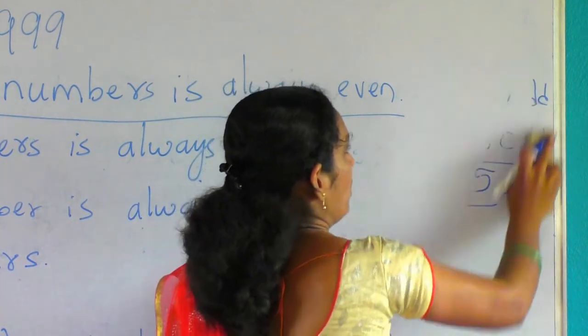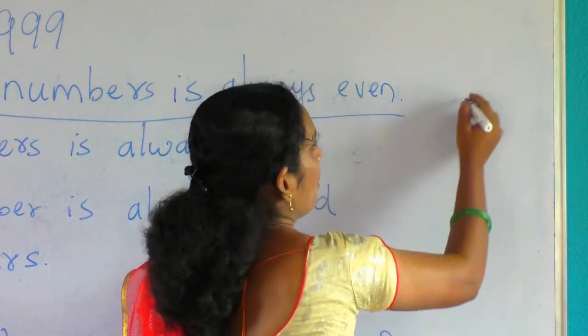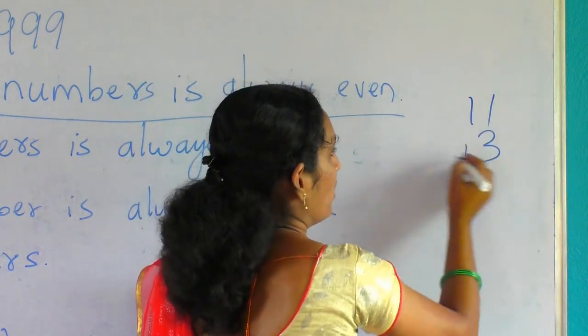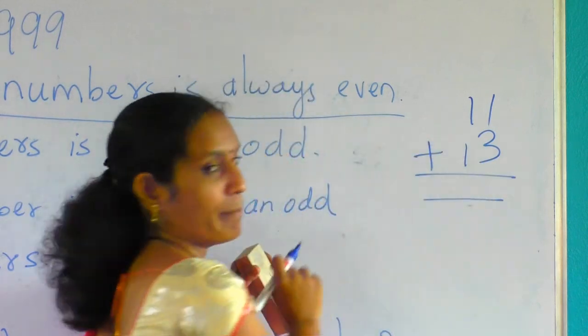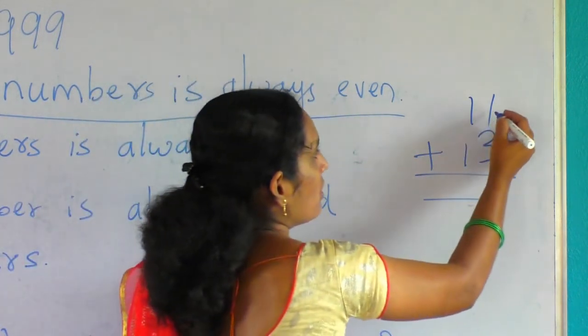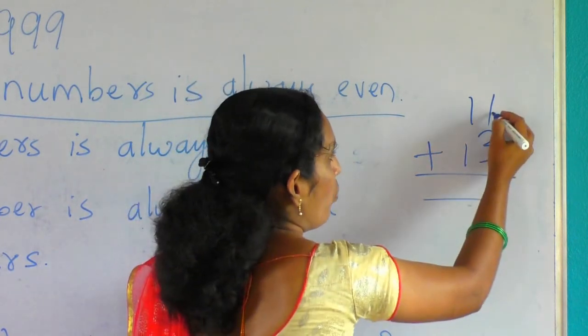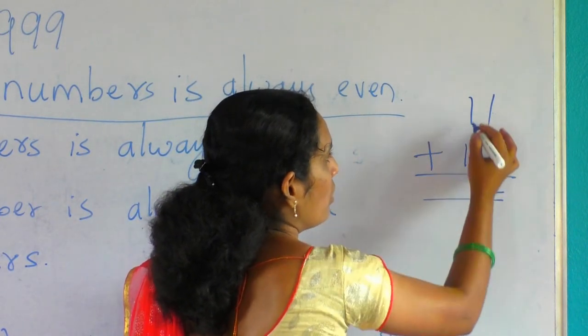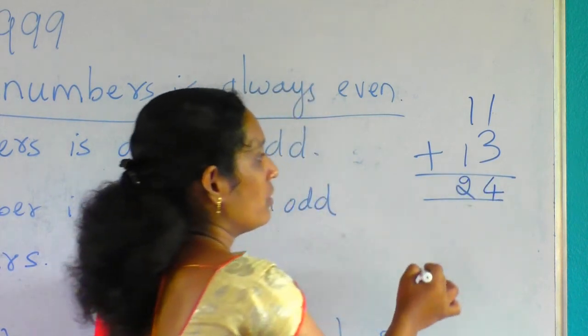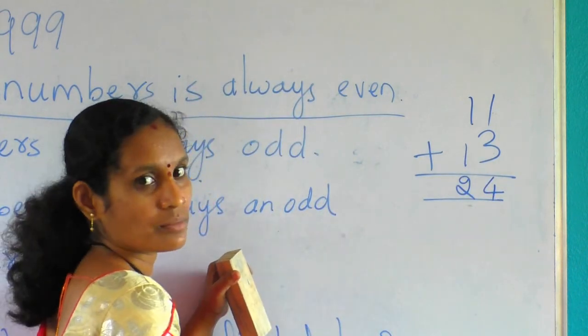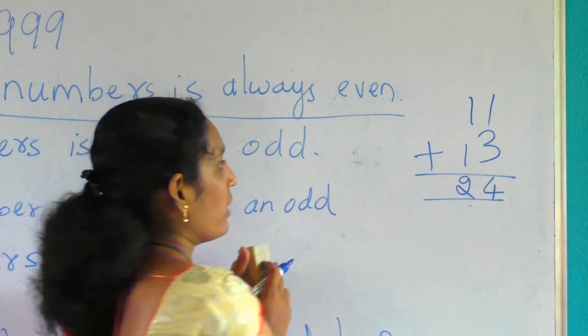Tell me the odd numbers, 11, 13. Plus means sum. Sum of odd numbers. 11 is also odd. 13 is also odd. Okay, next.